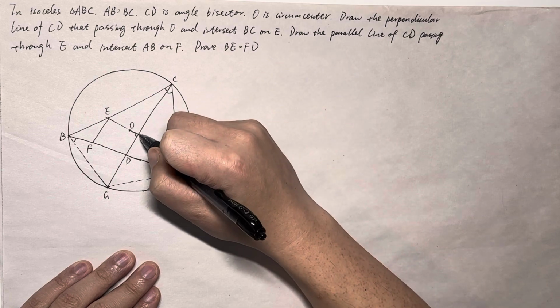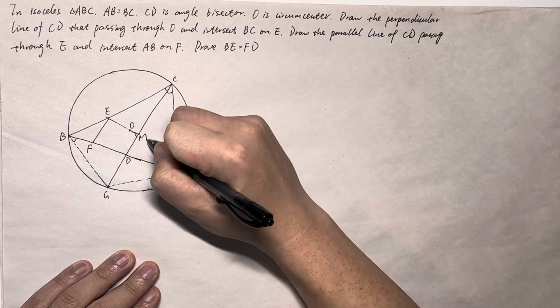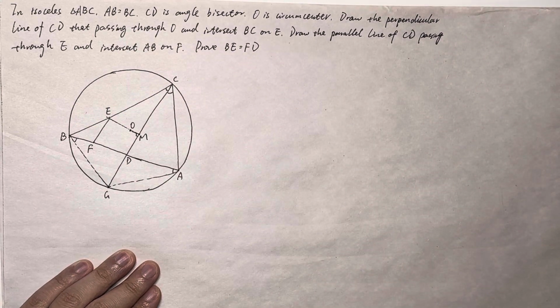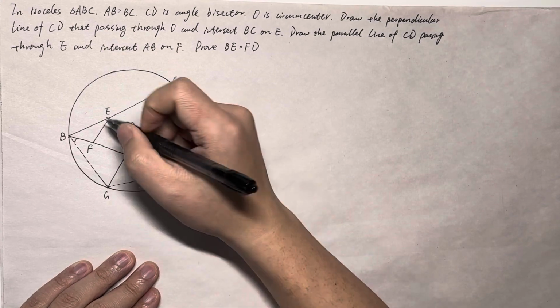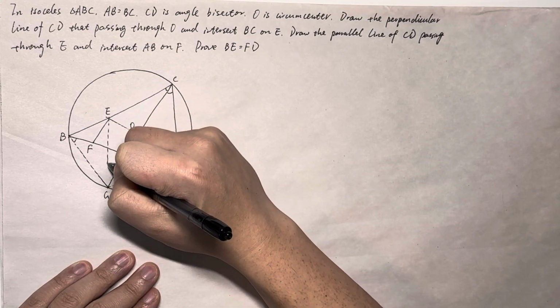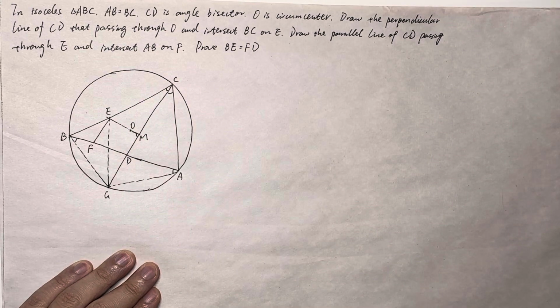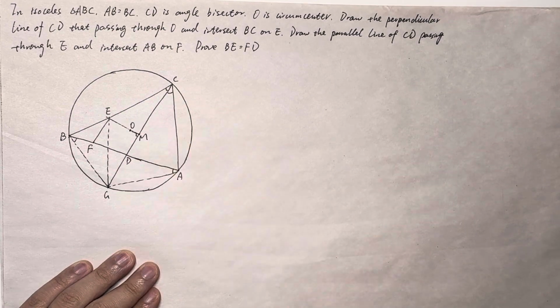Let's mark this point M, which means EC equals EG. So we got EG here.